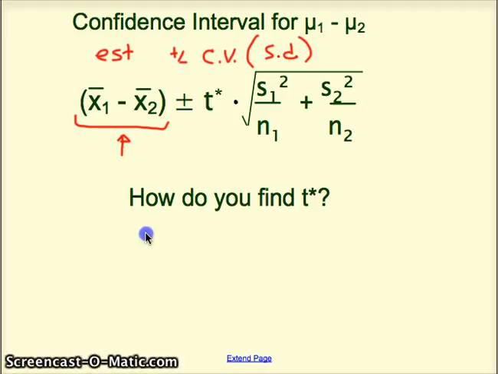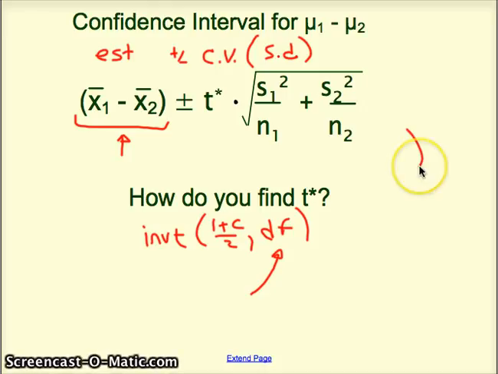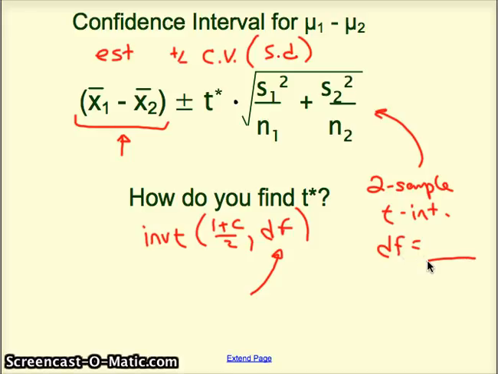How do you find t? Inverse t, 1 plus c over 2, but recall what I said in the earlier video, you need degrees of freedom. Again, here's an example where you could use the lesser of sample size 1 minus 1 or sample size 2 minus 1. But if you just let the calculator do this work using a two sample t interval, your calculator will tell you what the degrees of freedom are using the more sophisticated calculation.